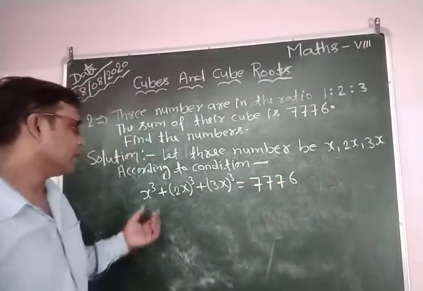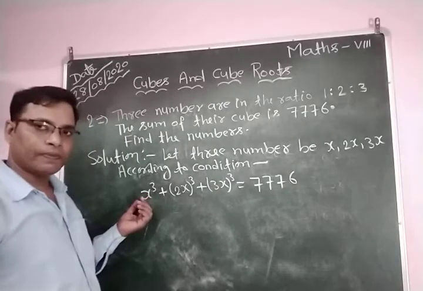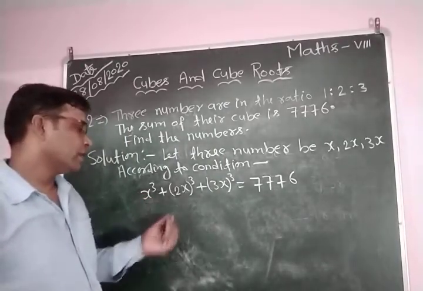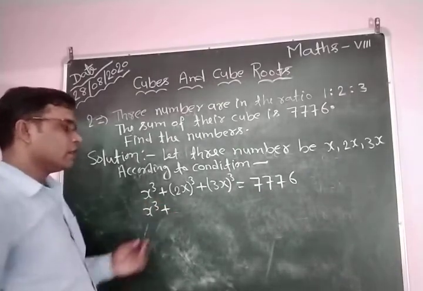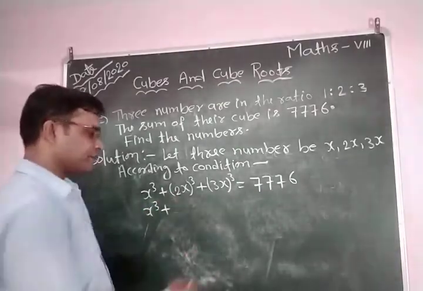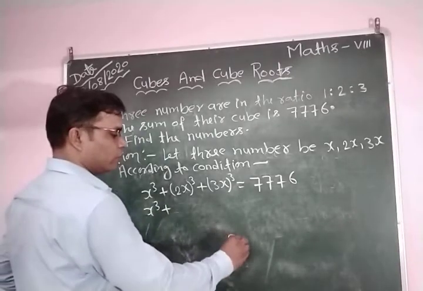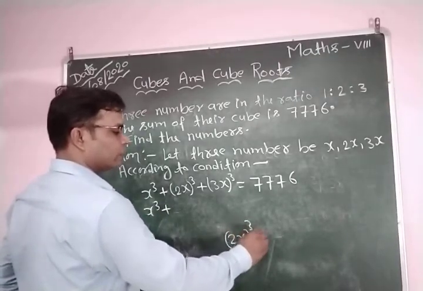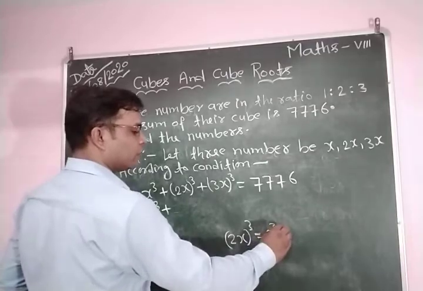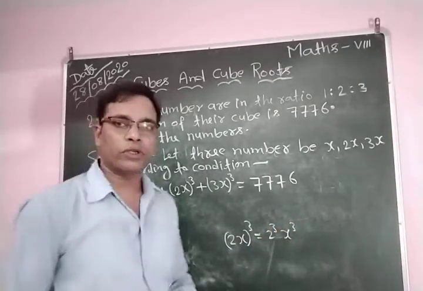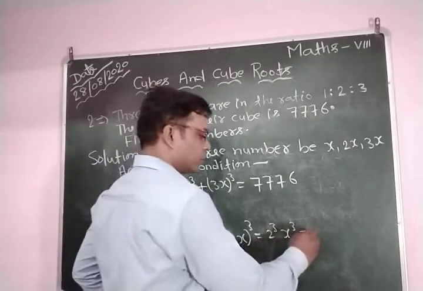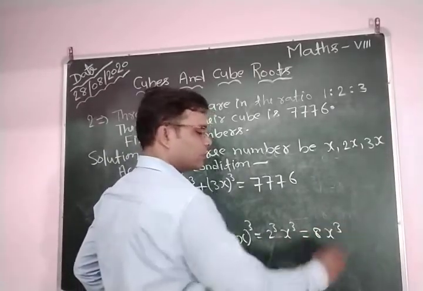Now this is 1 cube, 1x cube. So you can write here x cube plus 2 into x power cube. This is equal to 2 to the power cube into x to the power cube. So 2 power cube is equal to 8, so this is equal to 8x cube.